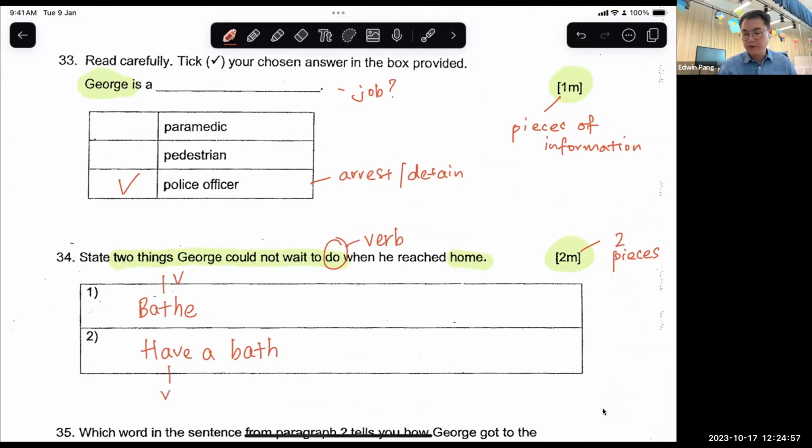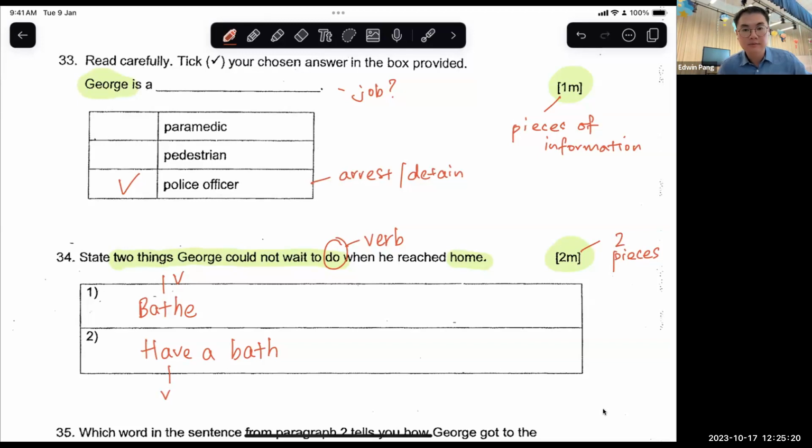This is a verb. Can you all see? If I ask you what he wants to do, then my answer must be a verb. If I'm asking you about something, then it must be a noun. So the question controls the answer. You cannot just write down anything you like. You must follow the question. In this case, the question is asking you for what to do.